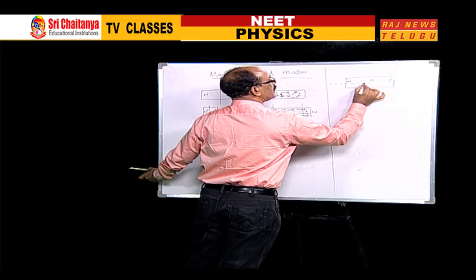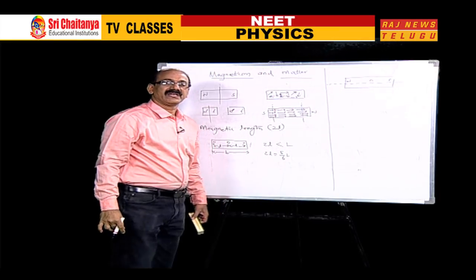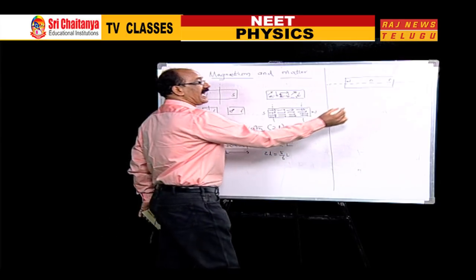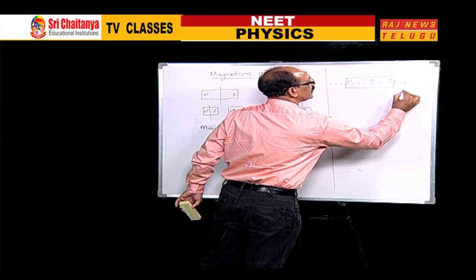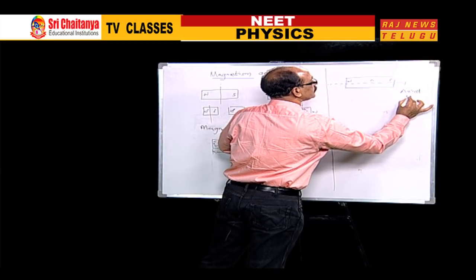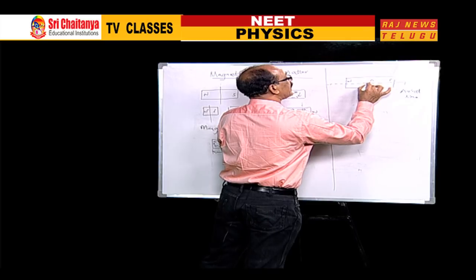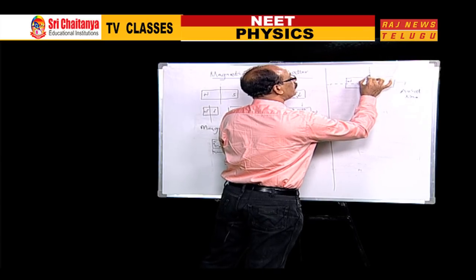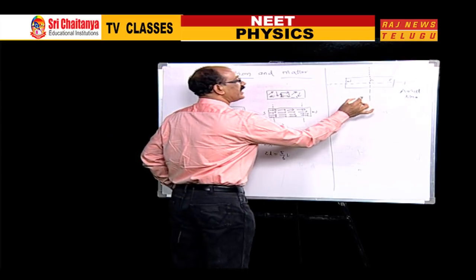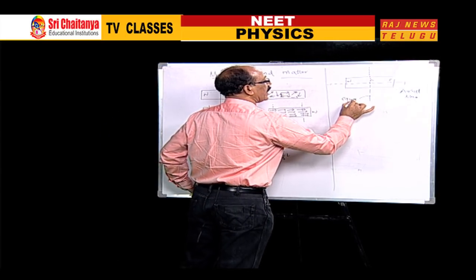An imaginary line passing through these north and south poles of the magnet is called as axial line. And an imaginary line passing through the midpoint and perpendicular to the axial line is called equatorial line.